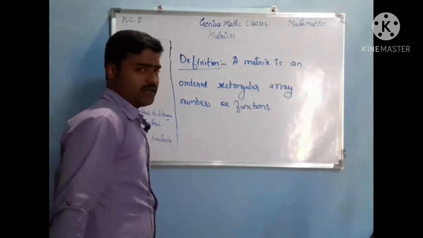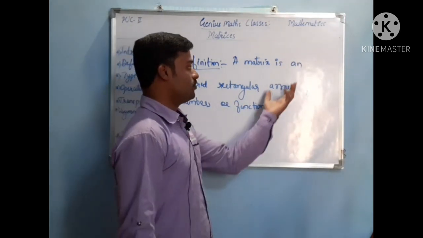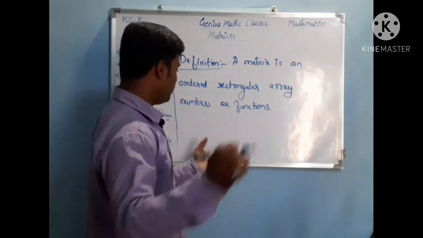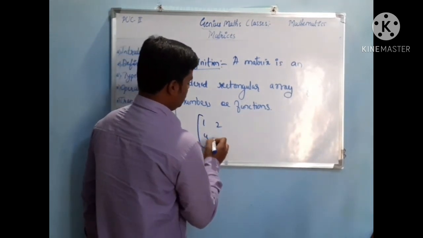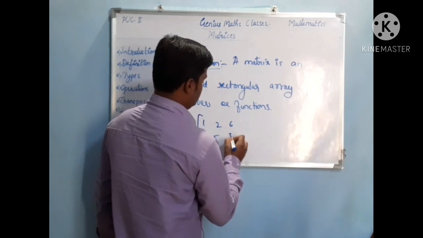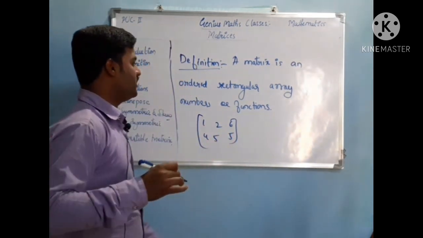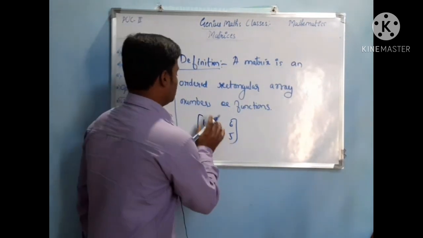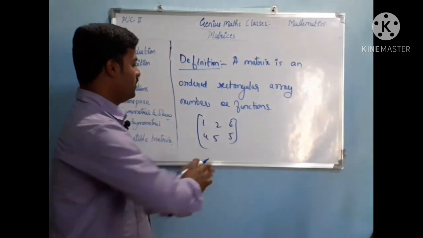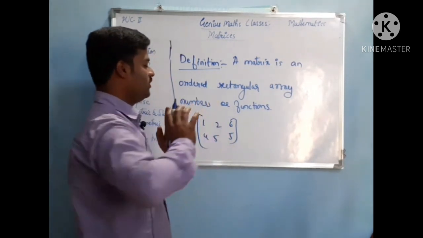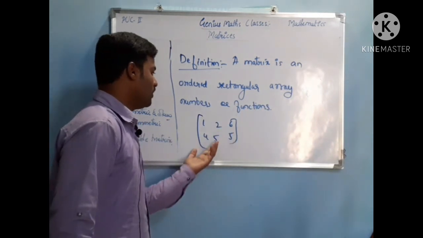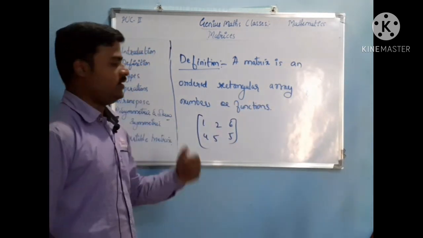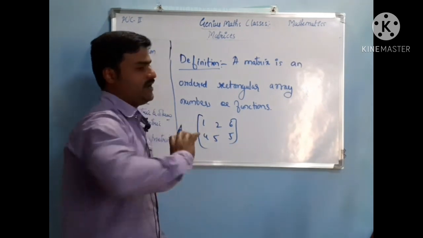After observing the previous example, what can we say? The numbers in a matrix are arranged in a rectangular array. This is nothing but the rectangular array, and these are the elements. Here numbers are arranged in a rectangular array, so this is called a matrix.